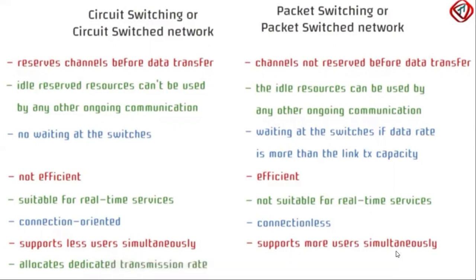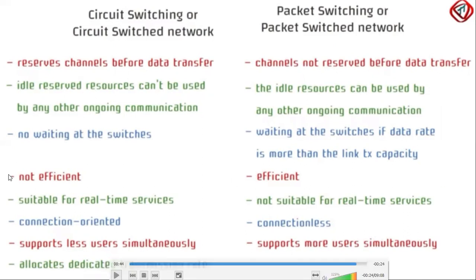Bandwidth is allocated dynamically in packet switching, while in circuit switching fixed bandwidth is allocated. Dedicated circuits cost more in hardware. Packet switching is more efficient, and circuit switching is not efficient.